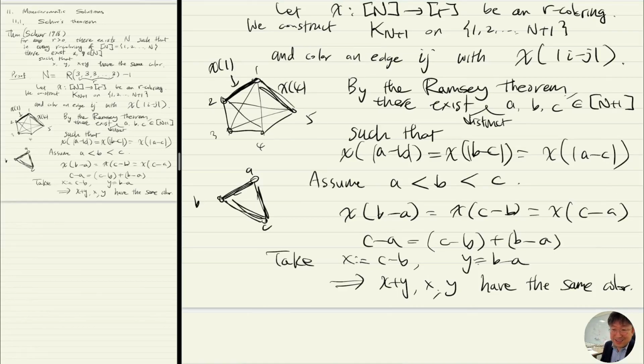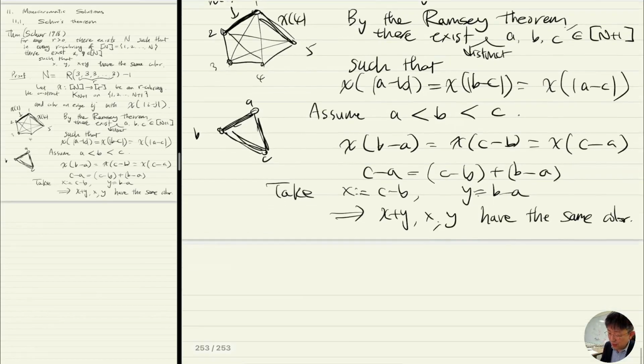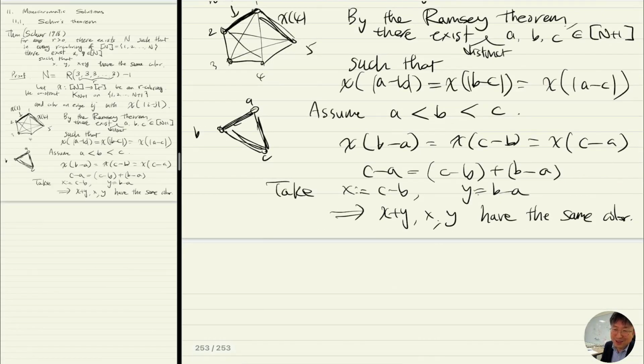So the bound here is terrible. Since we use Ramsey's theorem, it's going to be a huge number. In fact, this is the end of the proof.